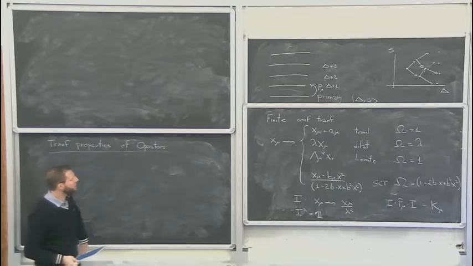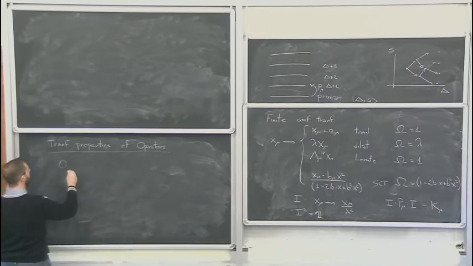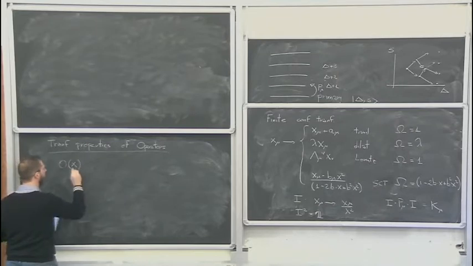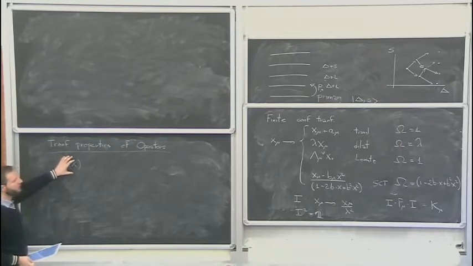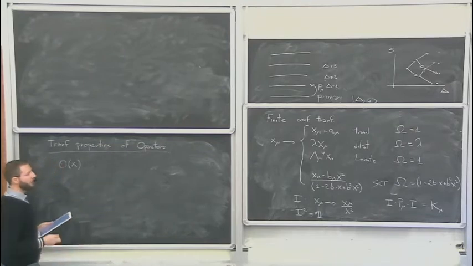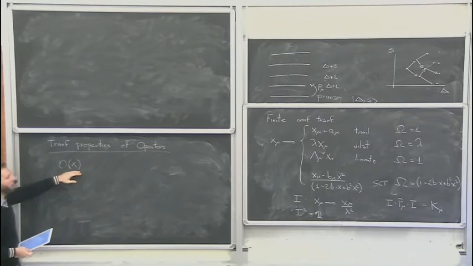The first observation is that if you have an operator which depends on the coordinate x, you don't have to worry. You can always use the information that you have about the transformation property of the operator inserted at 0 to get the transformation property at generic x.